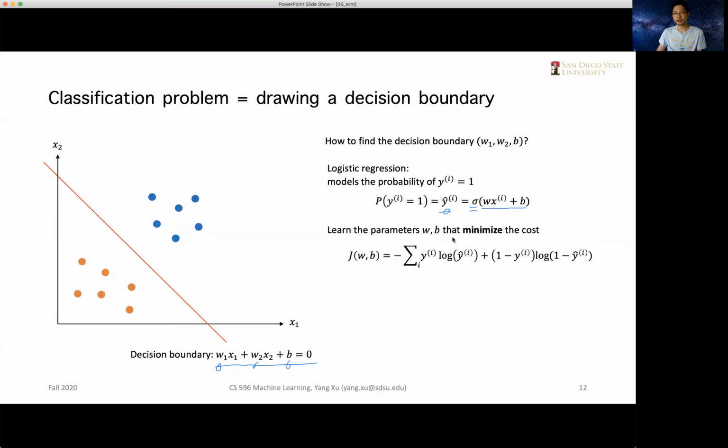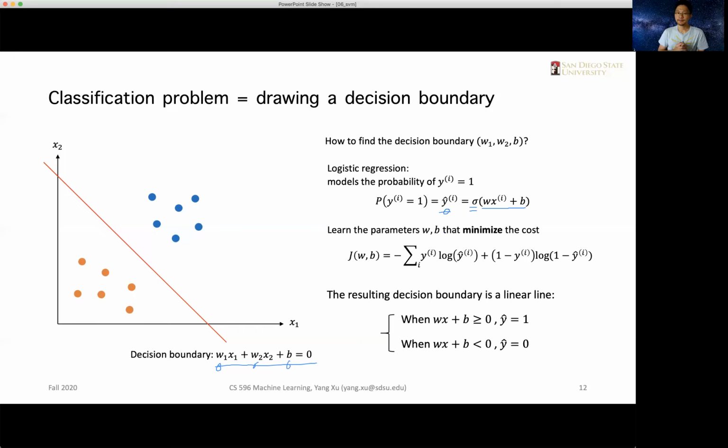To learn the parameters, we need to define the cost and minimize the cost in logistic regression. The resulting decision boundary is also a linear line. Eventually we will get some w and b.